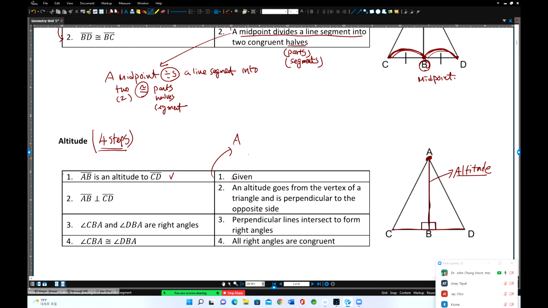Altitude goes from the vertex of a triangle, perpendicular to the opposite side.